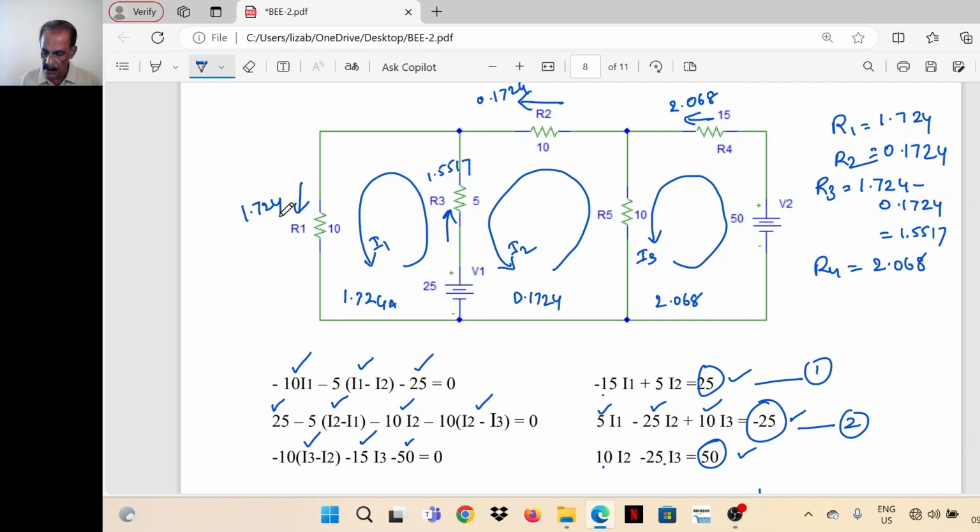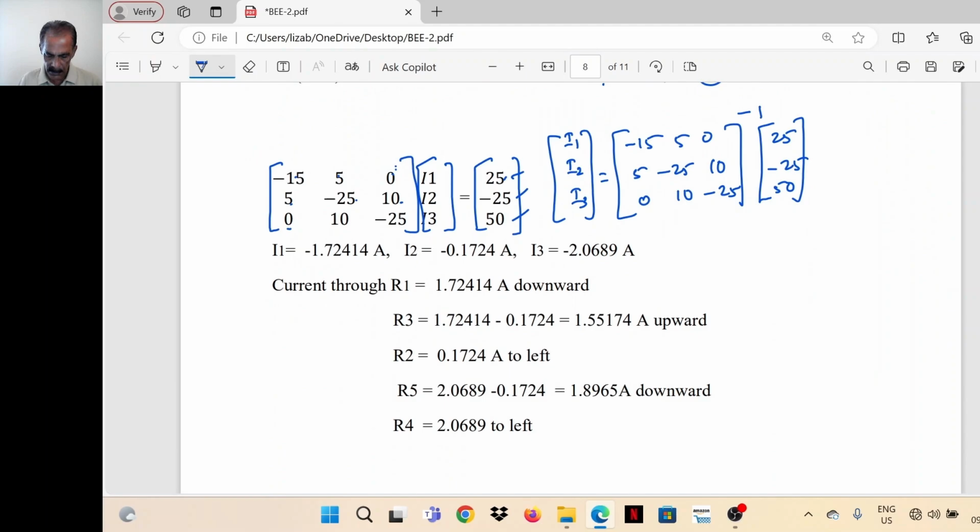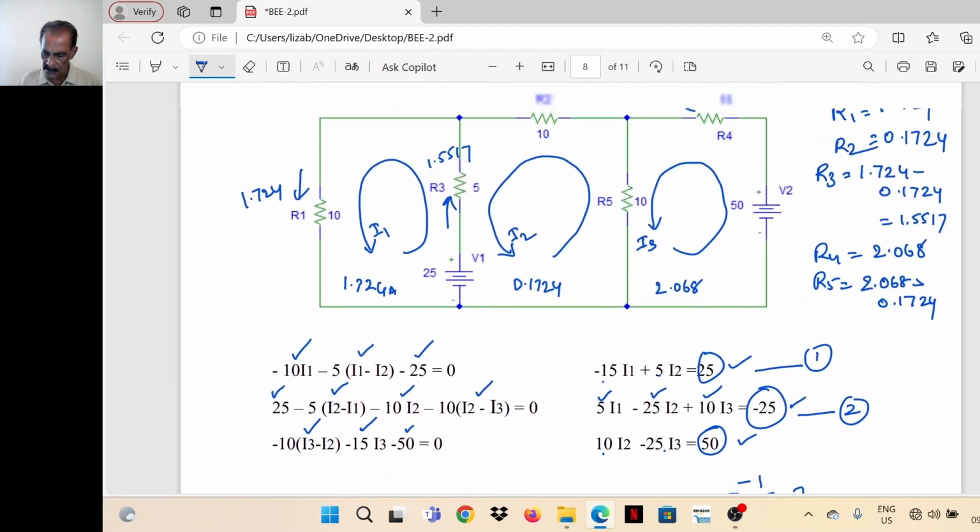Now the current through R5: it is 2.068 down and 0.1724 up, so 2.068 minus 0.1724 is 1.8965. So 2.068 like this, 0.1724 upwards, so 1.8965 in this direction.